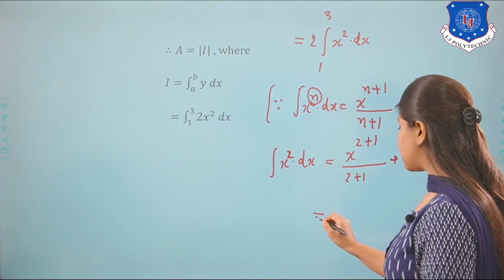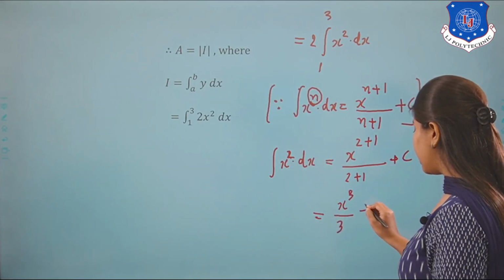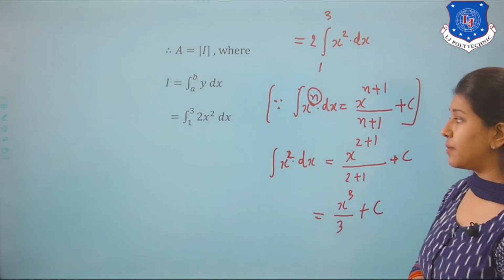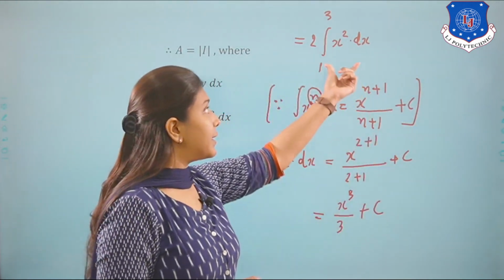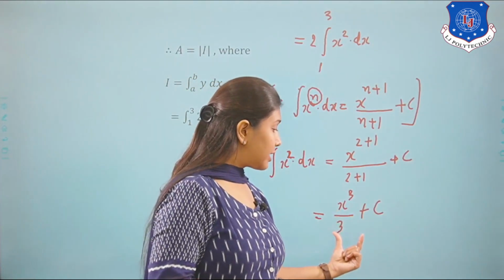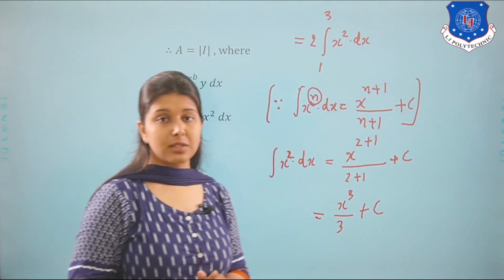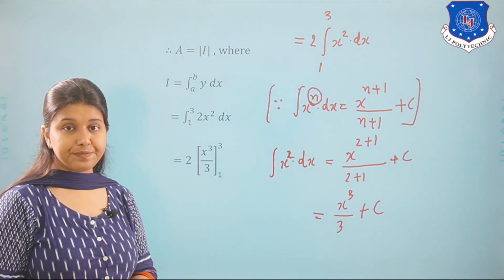That means you have x raised to 3 by 3 plus c. So now you have the answer of integration of x square dx is equals to x cube by 3 plus c. Using this, we have this term.